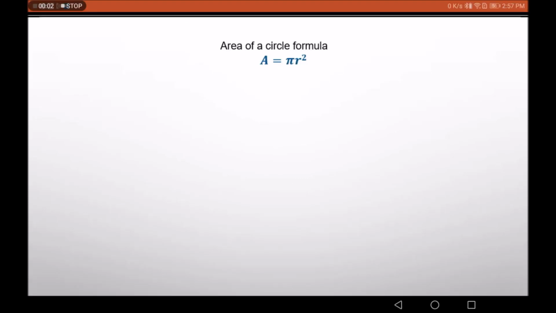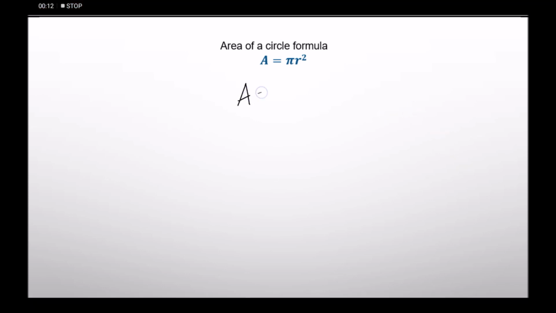To solve for the radius of a circle given the area, we have to derive first the formula from the area of a circle. Area is equal to pi r square. The first thing is to divide both sides by pi, so we can cancel this one out. So we will have area over pi is equal to r square.